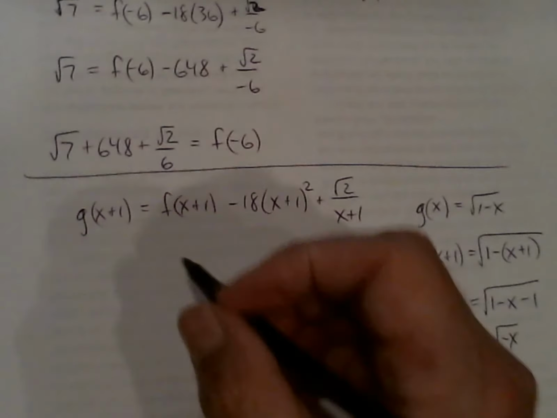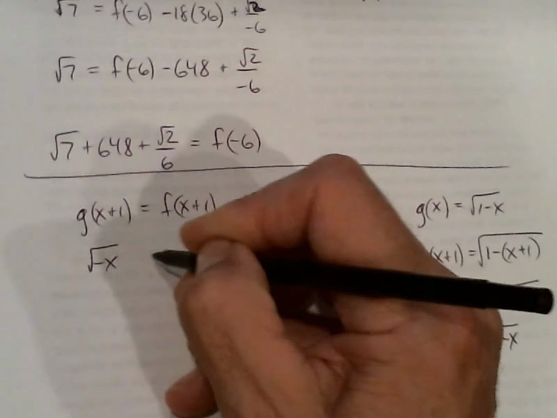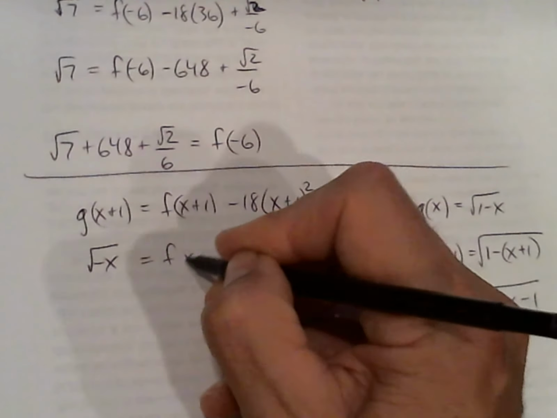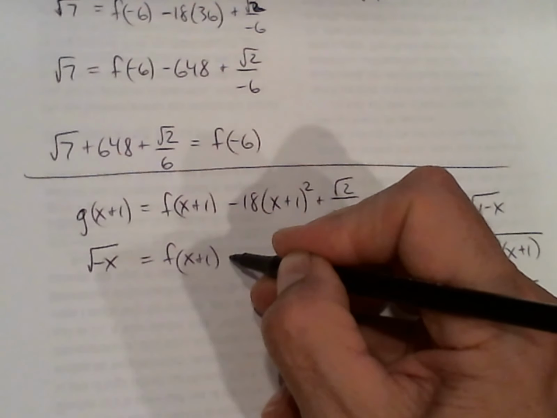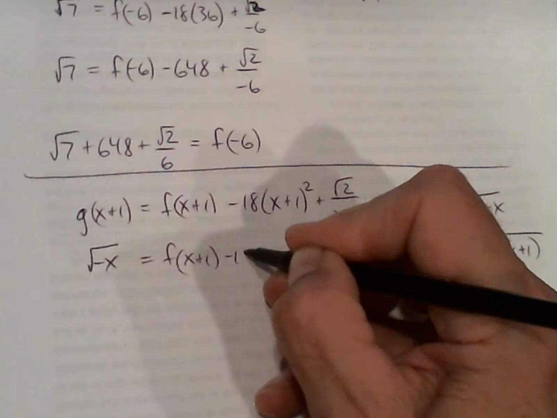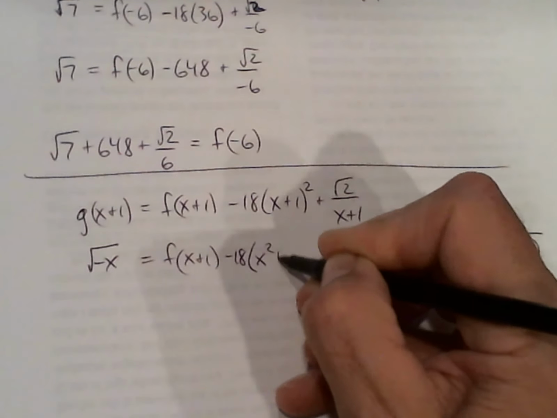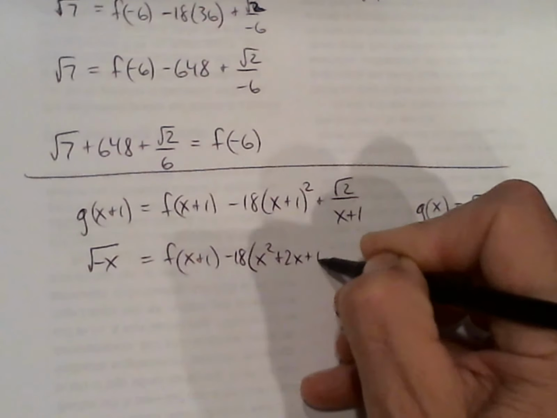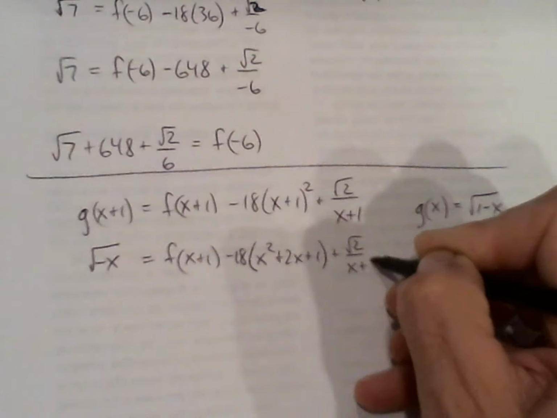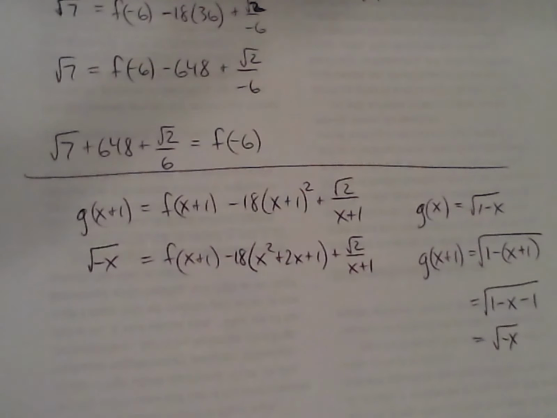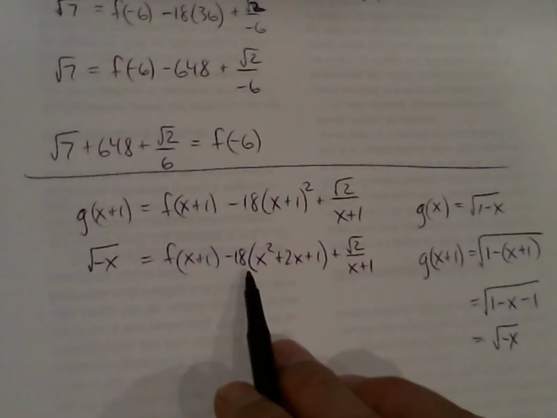This would be radical negative x. And let's distribute that.